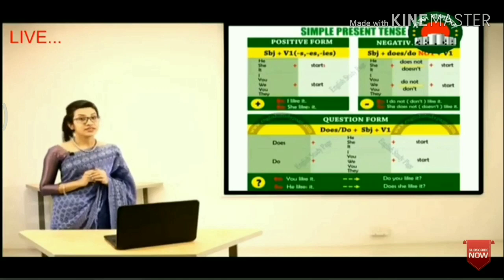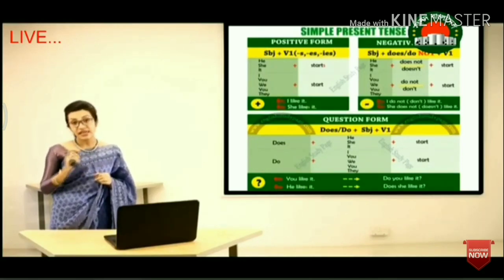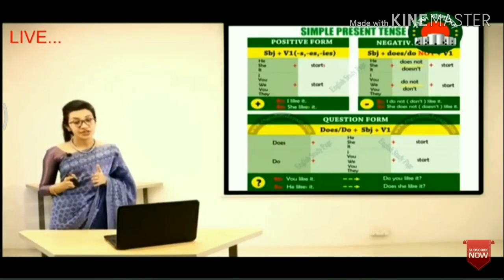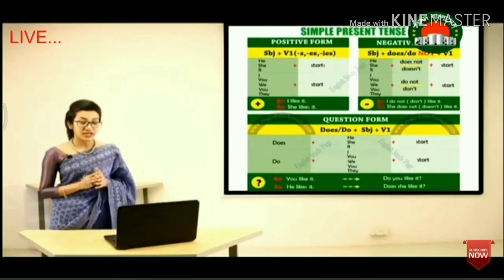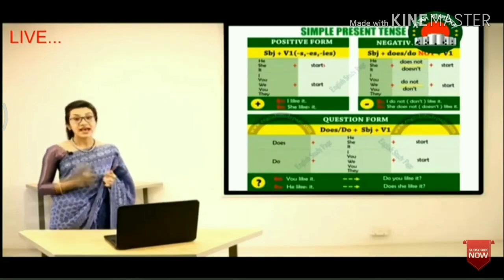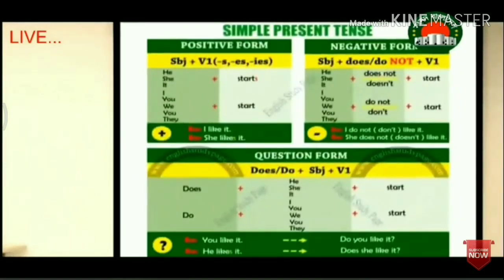But there is a thing here. The thing that you have to remember is if the subject is third person singular number, for example, he, she, it, or any other singular subject, then we are going to use s, es at the end of the verb. For example, I like it, she likes it.